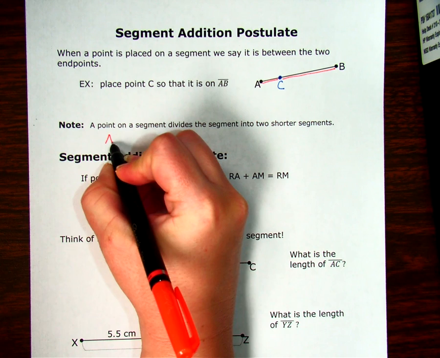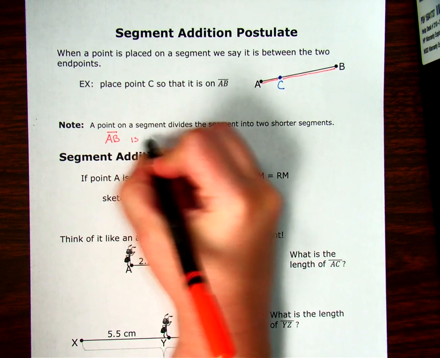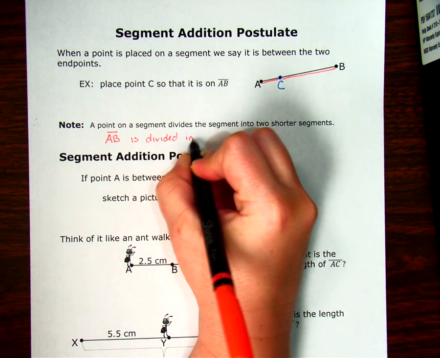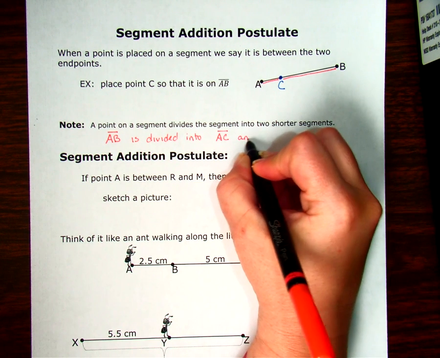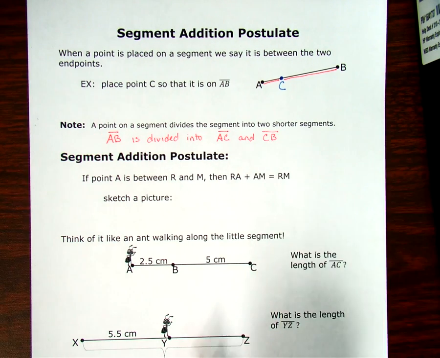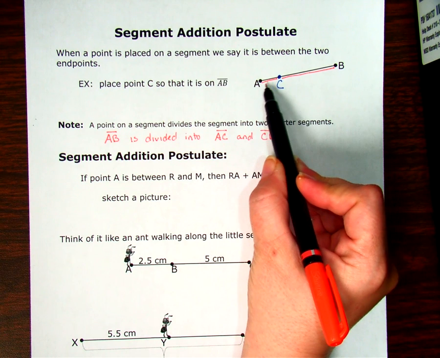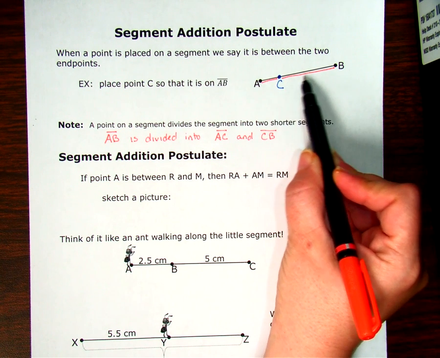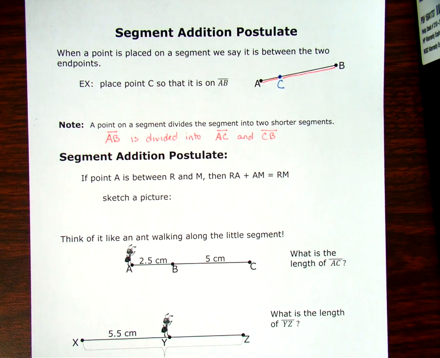So this whole segment AB is divided into segment AC and segment CB. And these two segments are not necessarily equal to each other. Again, I can see here by the placement I did of C, AC would be shorter than CB, or at least appear that way.